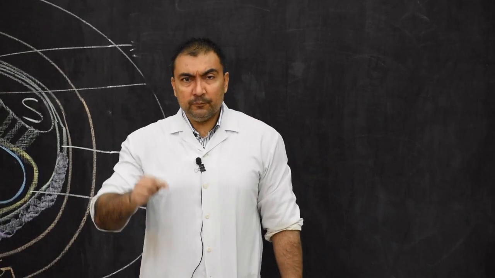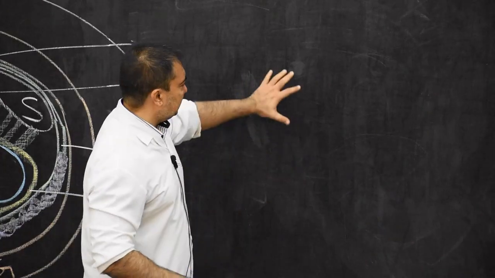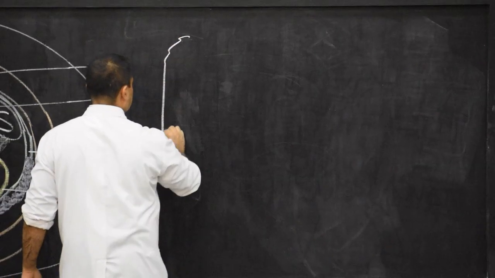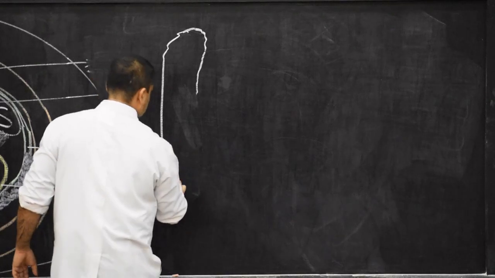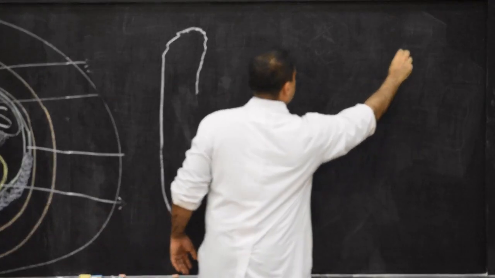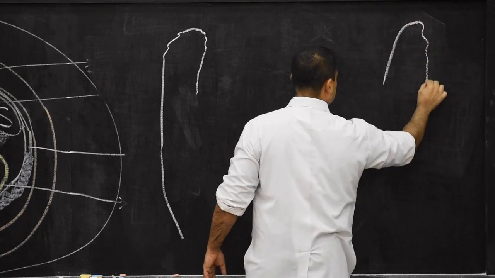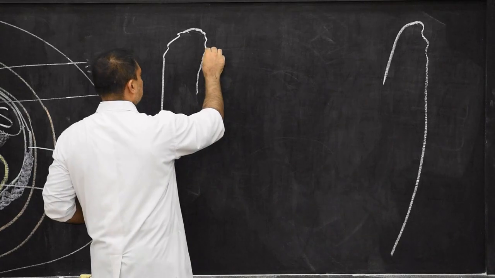So now we start with the fornix, the efferent pathway of the hippocampal formation. For that, this diagram is also very interesting. Here we draw the para-hippocampal gyrus. Similarly, on this side also, in the same way, we will draw the para-hippocampal gyrus. Then we will complete this with the dentate gyrus.